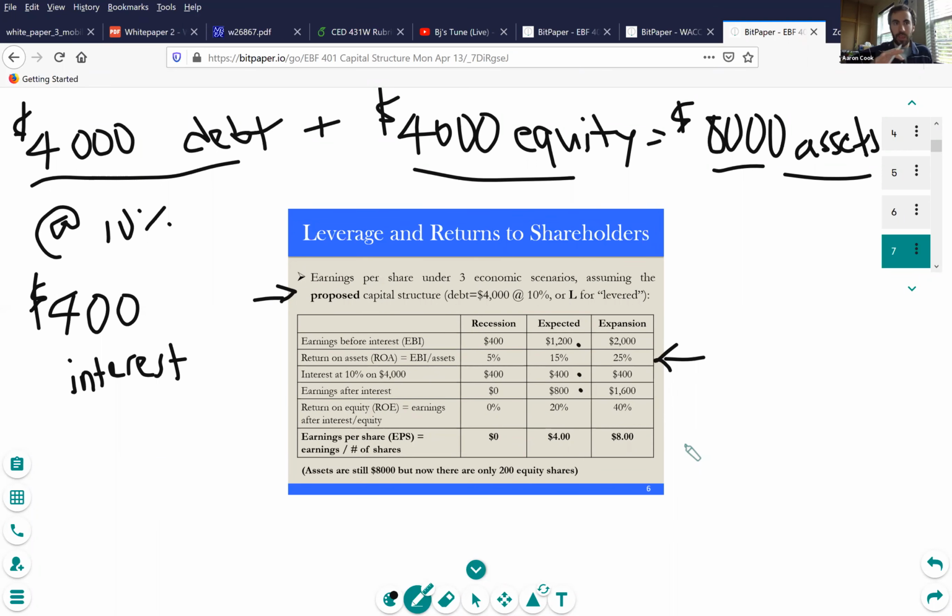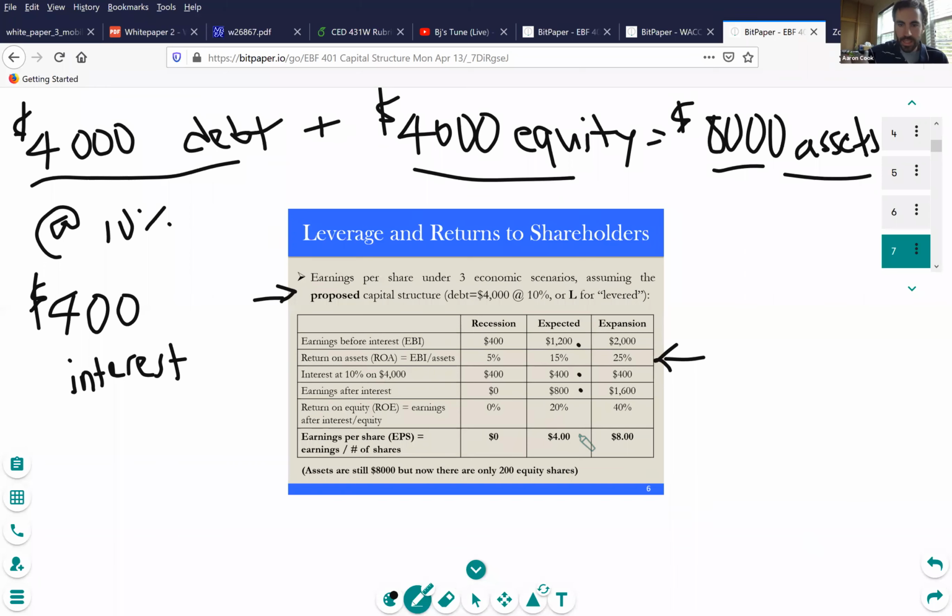That's the extra flow to shareholders as a result of owning a piece of those cash flows of the firm. That's what a share of a firm is, just a claim on a future cash flow of the firm.